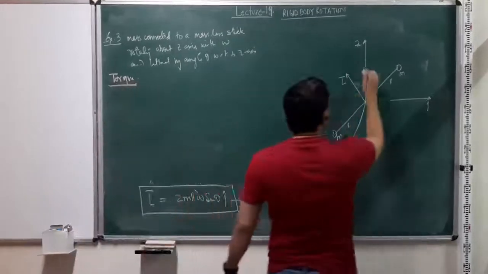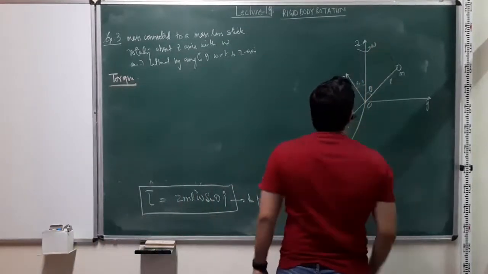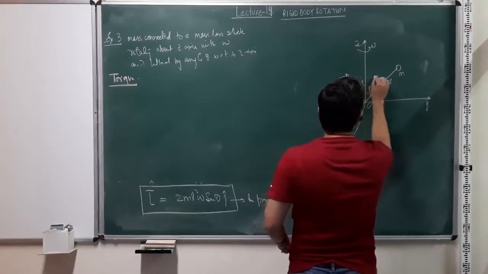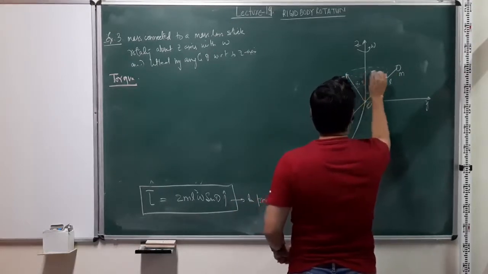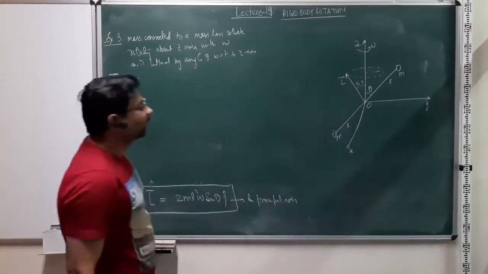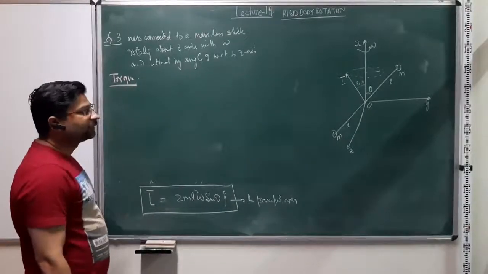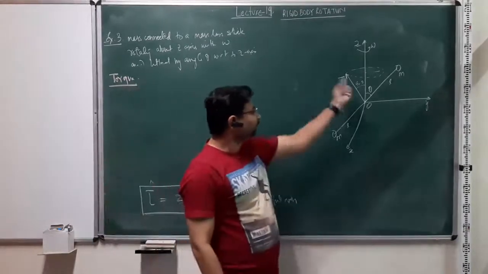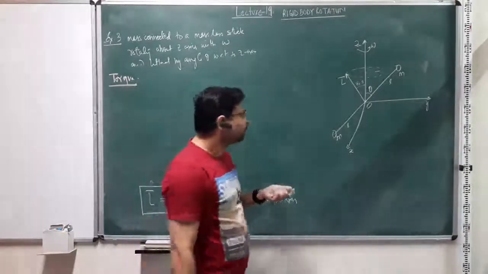However, now what happens is, as the rod moves, the L also traces out a circle with angular velocity omega about this z-axis, right? And of course, if the L is making a rotation, that means there is torque. So we can find out the torque.